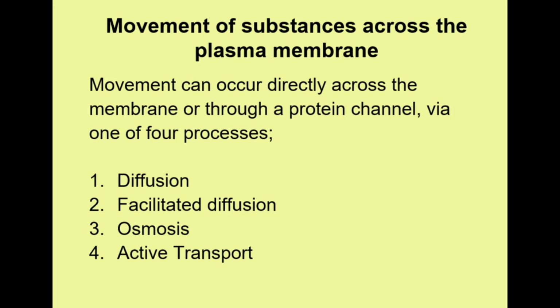So they are all three types of passive transport. Passive transport means that the cell does not have to expend any energy for these three to happen. Diffusion, sometimes referred to as simple diffusion, and then facilitated diffusion and also osmosis, all happen naturally.